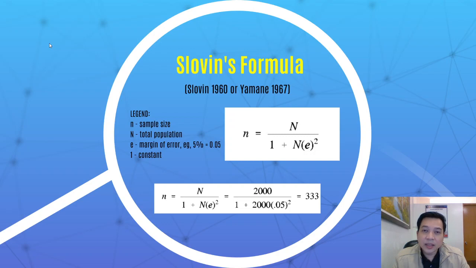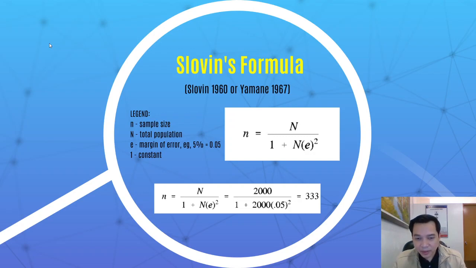So if you have, let's say, a total population of 2,000, let's say you wanted to study students in a certain school, and the population of the students is 2,000 students, given the margin of error of, let's say, 5%, how much do I need to take as a sample size from the population?